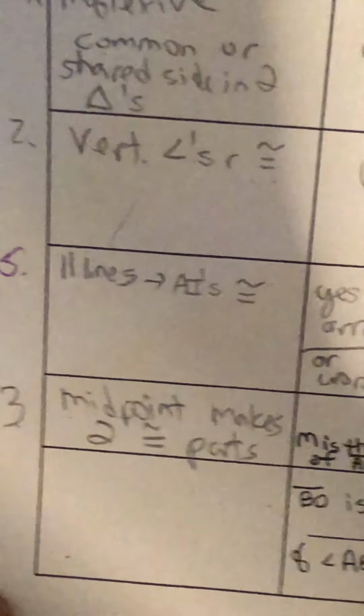So what does that look like? You have a little line. So if the words say that M is the midpoint of AB, remember you can't assume it from the picture. So you can't just look at this picture and say, oh, that's got to be the middle. You have to see these words.